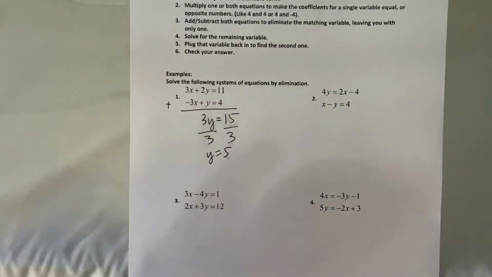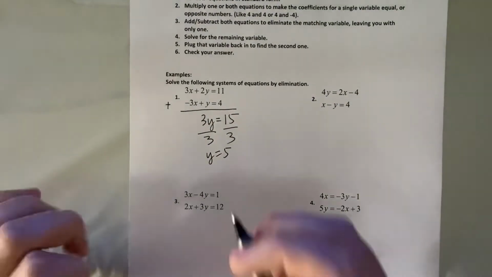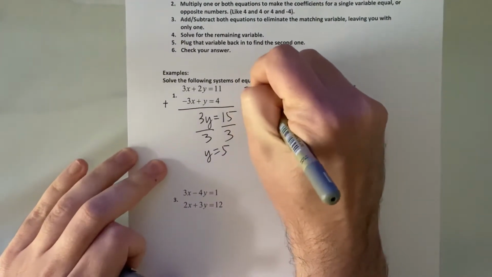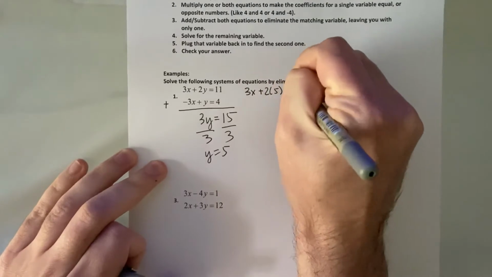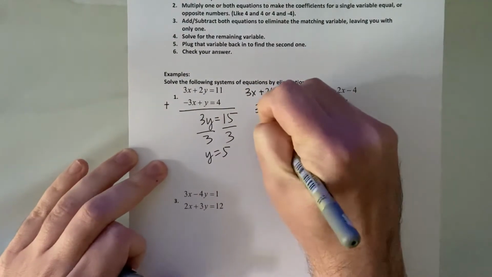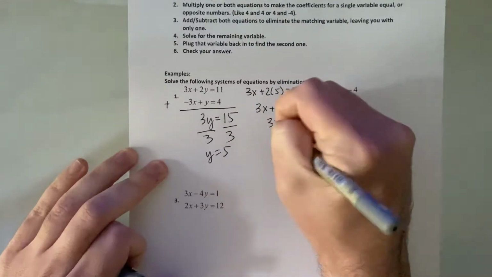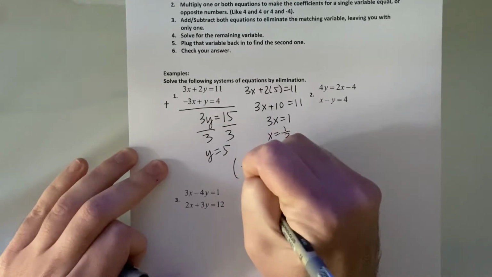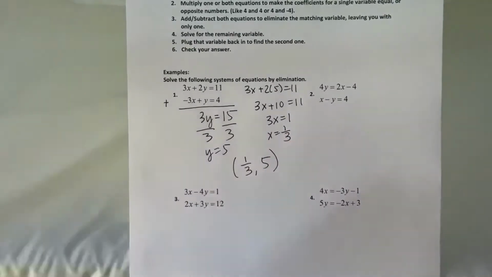Again, this is a coordinate point, so if I have a y, I need the x. I will take the y, plug it back in. 3x plus 2 times 5 equals 11. 3x plus 10 equals 11, which means 3x is 1. So x is 1/3. Means I have the point 1/3, 5.